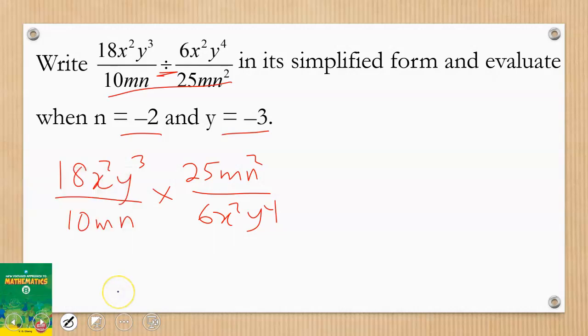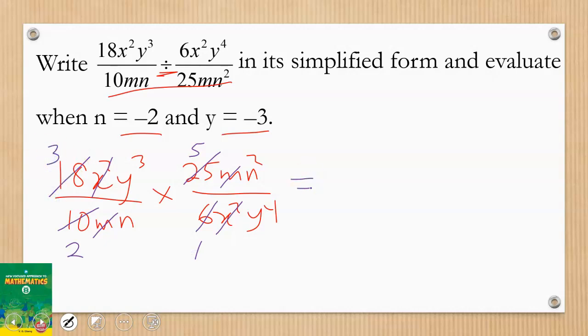Now what else can we do? We can do some simple cancellation. I have one m here which can cancel this m. I have x squared here that can cancel this x squared. Then again I have a number like, let's say 5, that can divide 10 as 2 and 5 can divide 25 as 5. I know 6 can divide itself 1 and 6 can divide here 3.